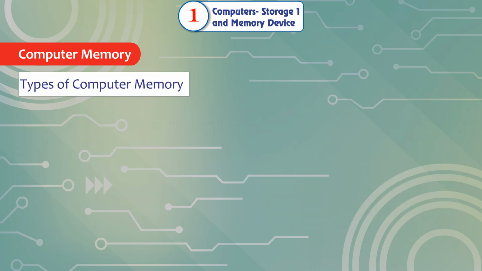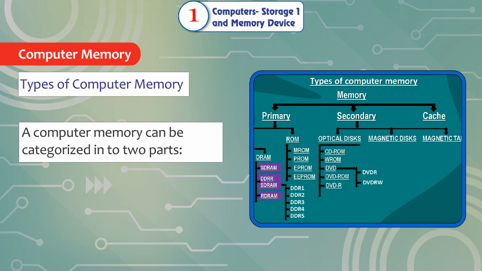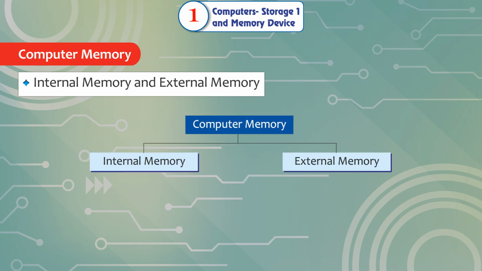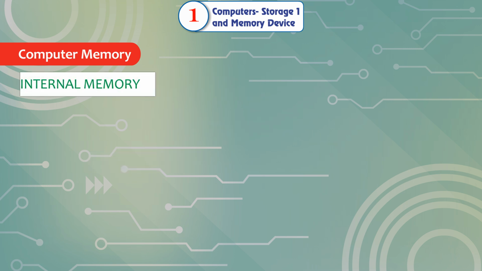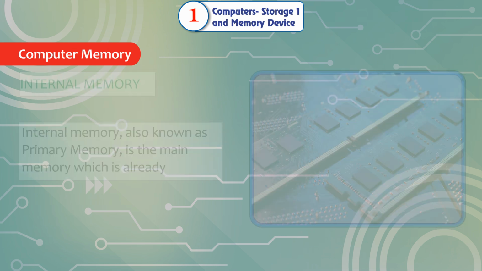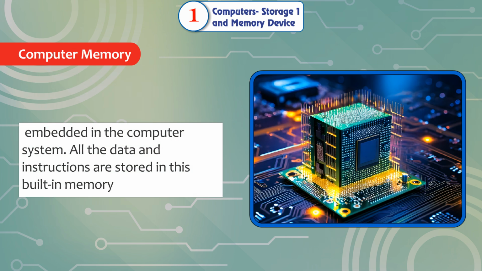Types of computer memory. A computer memory can be categorized into two parts: internal memory and external memory. Internal memory, also known as primary memory, is the main memory which is already embedded in the computer system.